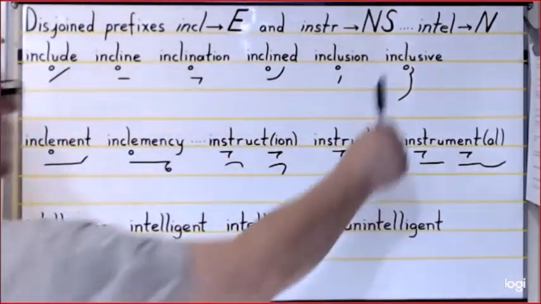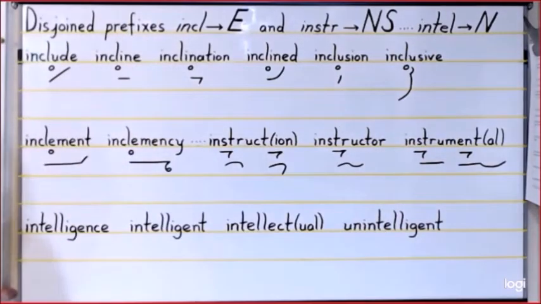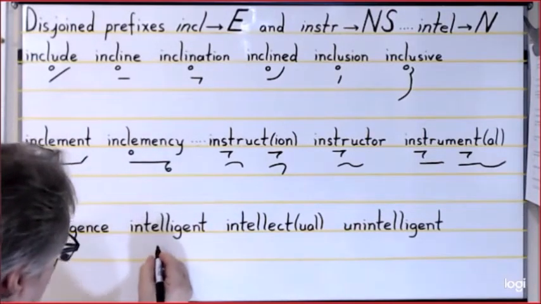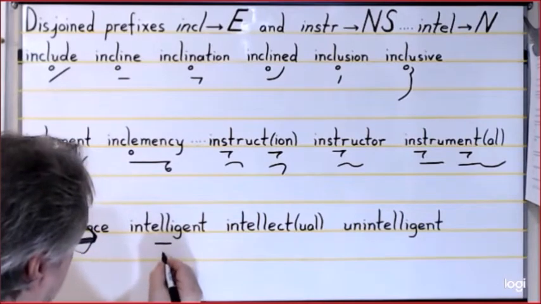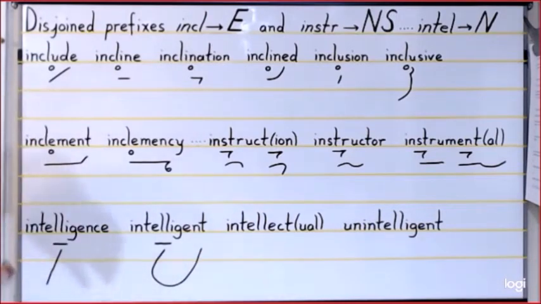Now on to the intel disjoined prefix. So for intelligence, it is the N and then a J. And this is somewhat of a short form. For intelligent, we'll write the N and then the GEND stroke or PEND stroke sometimes.